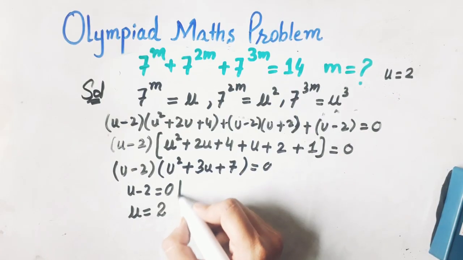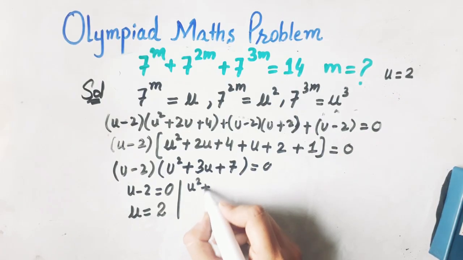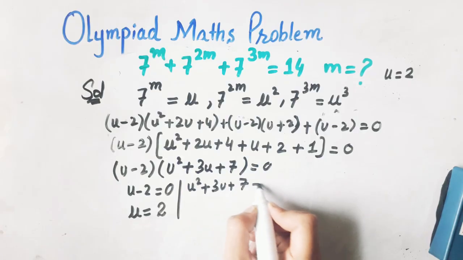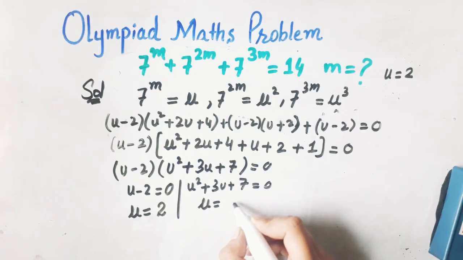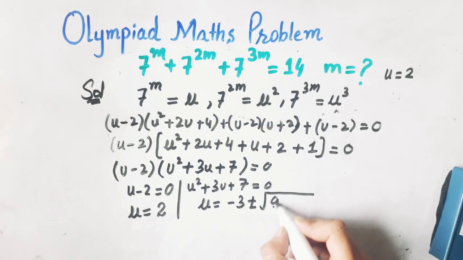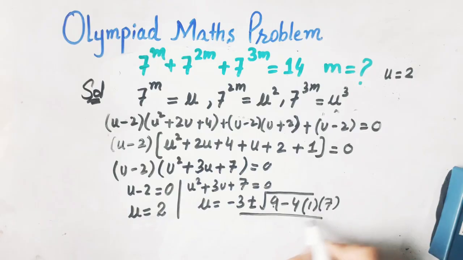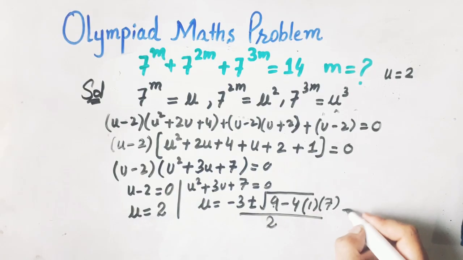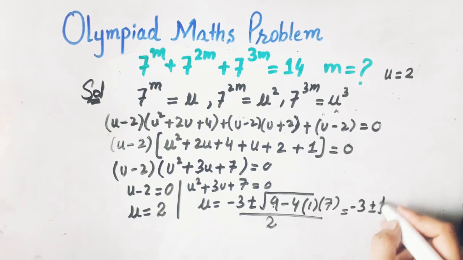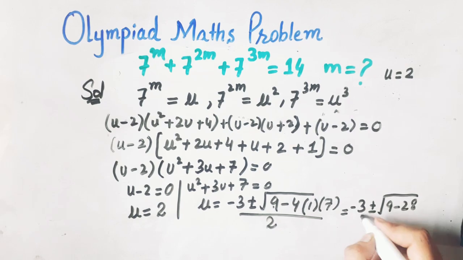For the other one, u square plus 3u plus 7. Apply the formula of quadratic. So minus 3 plus minus square root of b square, that is 9 minus 4ac, a is 1 and c is 7, divided by 2. So this will happen minus 3 plus minus square root of 9 minus 28 divided by 2.